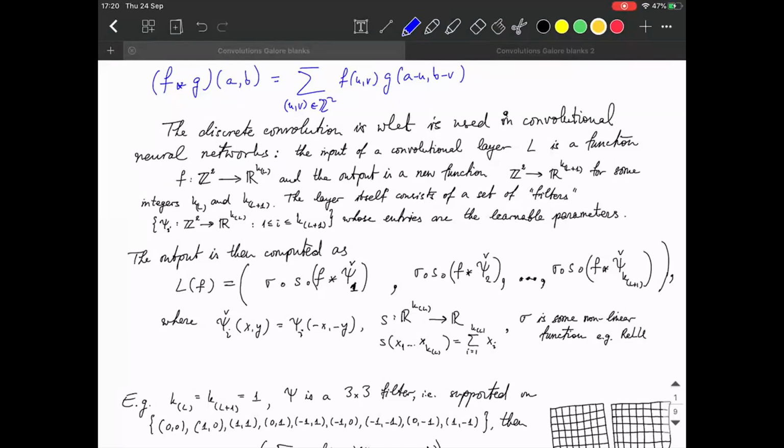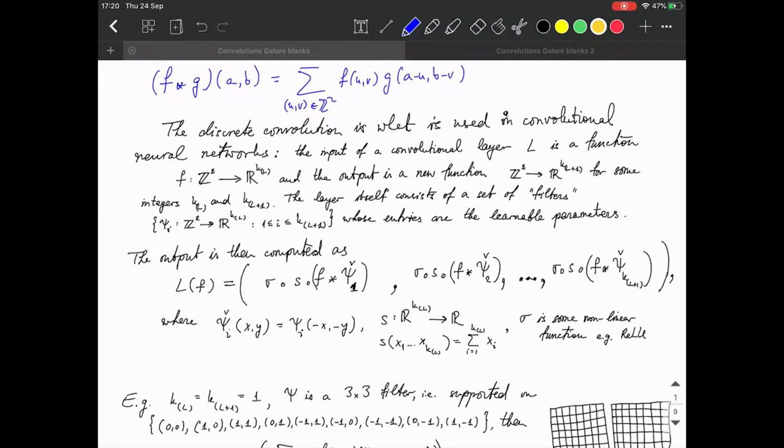But basically, we can think of an image, and for simplicity's sake, let's think of this as a grayscale image. So we can think of it as a function on the infinite square grid that's just 0 outside of a finite square, and otherwise on this square it gives the grayscale values of the pixels there.